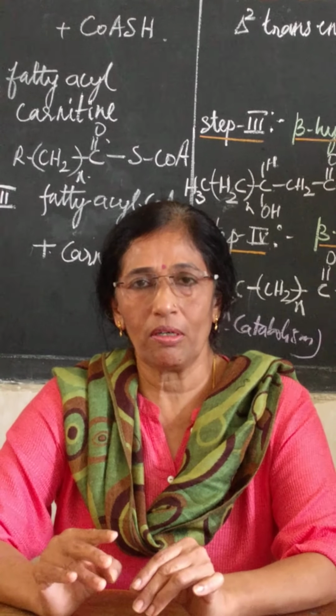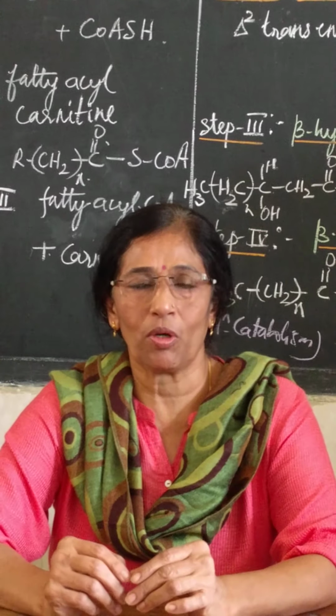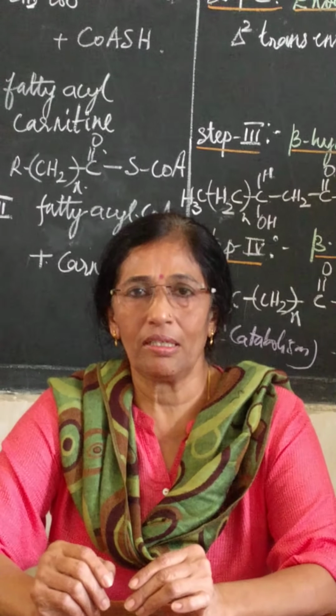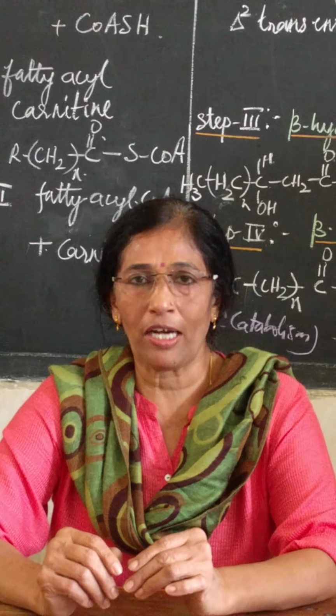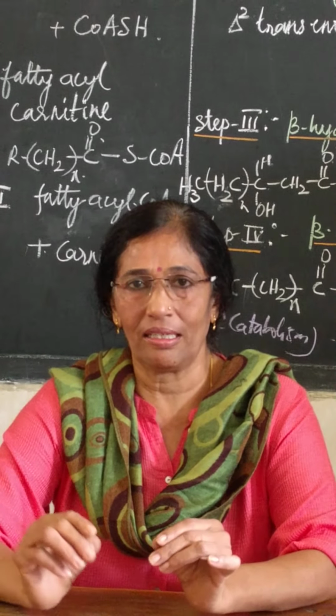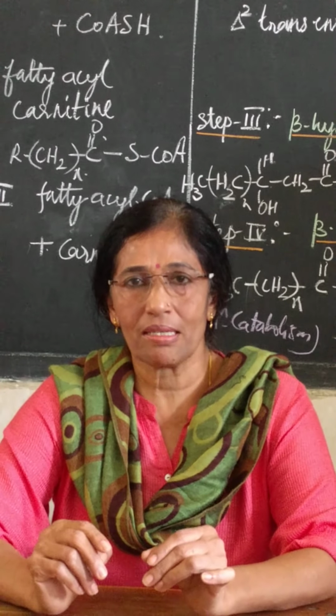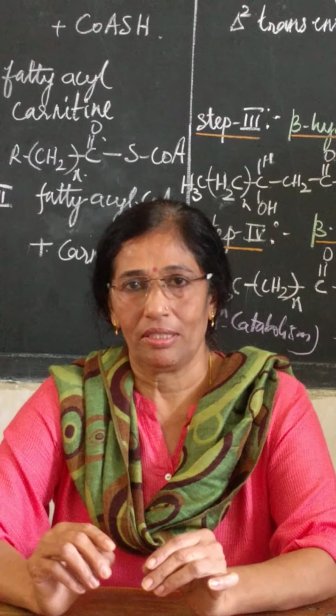This glycerol and free fatty acid, which is a long, big molecule, cannot travel in the blood as such. Most of the fat is broken down in the heart, muscle, kidney and the liver.